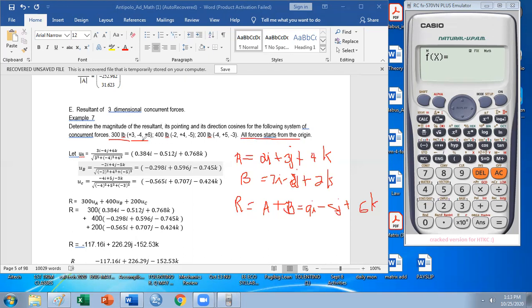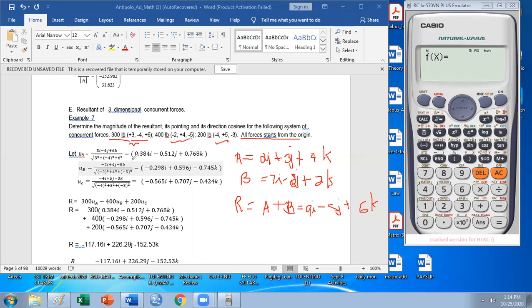So from the origin to dito, ibig sabihin ito na mismo yung vector. Yan na yung vector. So all you have to do is to get the unit vector. Unit vector for 3i minus 4j plus 6k, for negative 2i plus 4j minus 5k, and negative 4i plus 5j minus 3k. Kasi sinubtract lang lahat sa 0, 0, 0 yan.